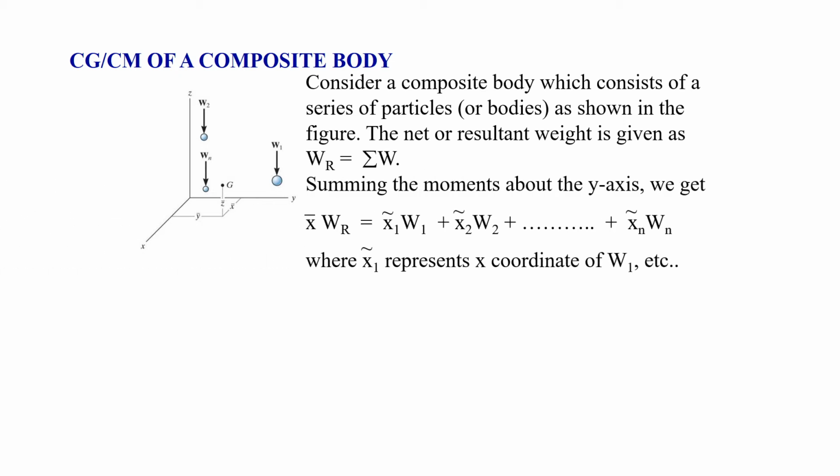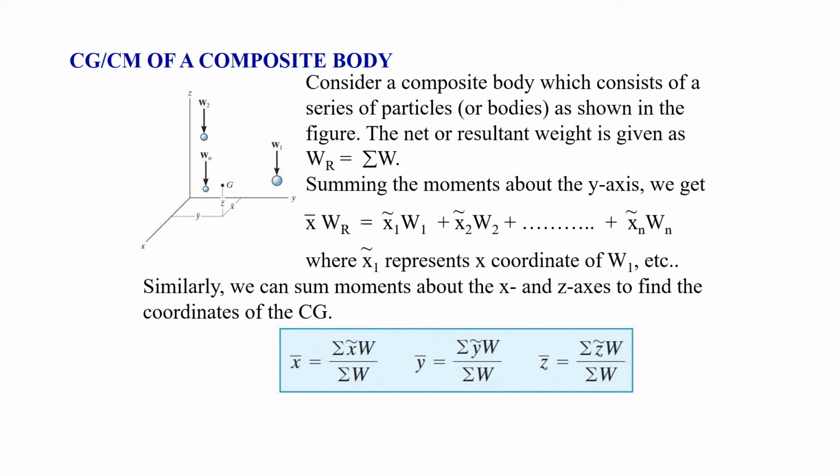By summing the moments about the y-axis, we get x bar, the distance from the y-axis, times the weight of the resultant, equal to x tilde 1, the distance to individual particle 1, times the weight of 1, plus x tilde 2, the distance to individual particle 2, times the weight of 2, and so on, summing the individual components, where x tilde 1 represents the x-coordinate of the weight of the mass of the first object, etc.